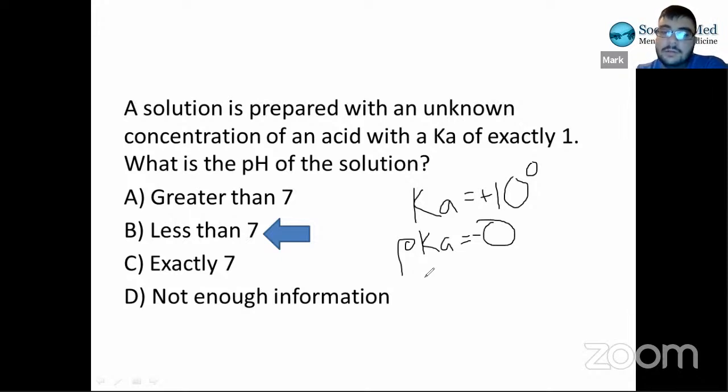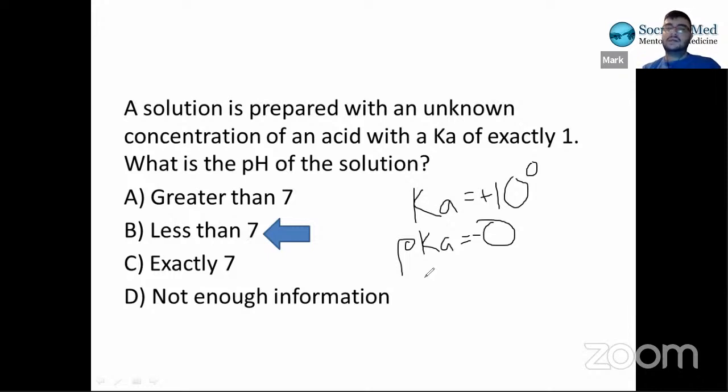I mentioned the lower the pKa, the more acidic it is. If you have a pKa of 0, that's fairly acidic. I mentioned you can't actually go below a pKa of 0 in experimental real life conditions, but there are, like HCl has a pKa lower than 0, like negative 6. It's just because people mathematically determined it.